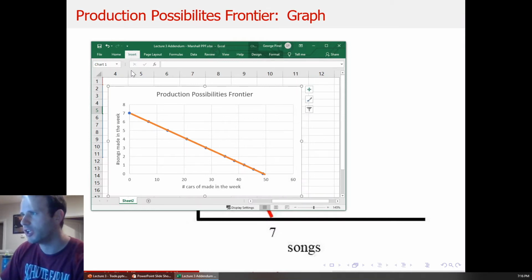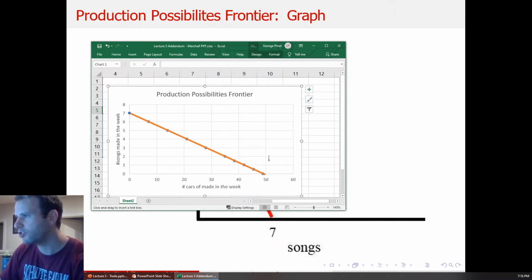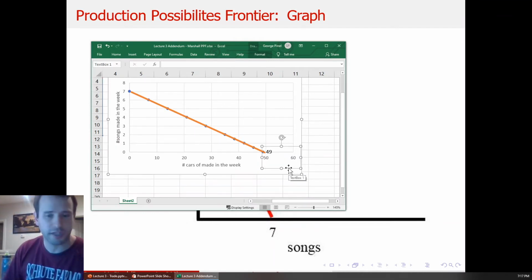You can go to the insert button up here, insert text, and just add 49, or add 0, 49 or something like that, just so that I know that you know what the intercept is. Otherwise, there's no real way for me to say, did you mean 50 or did you mean 49? Because they're different answers.